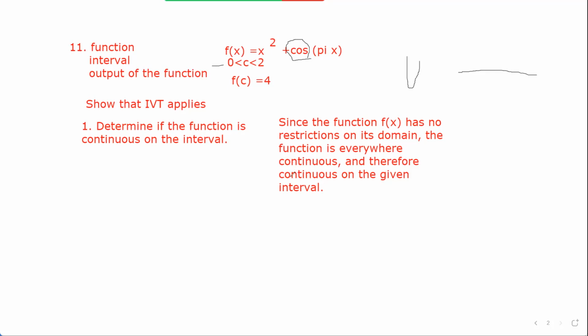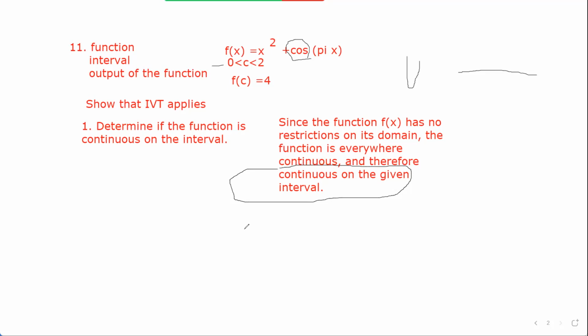The main reason that I stated the second part is because of number 10. If you have restrictions on the interval, and it's not everywhere continuous, you're not concerned about it being everywhere continuous. You're concerned about it being continuous on the given interval, on whatever interval is given to you.